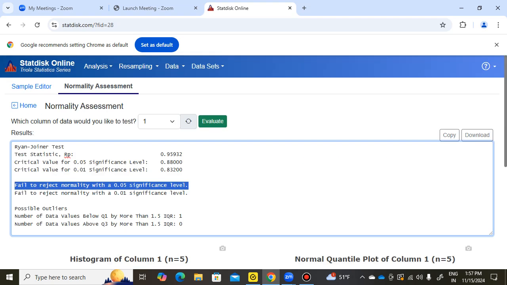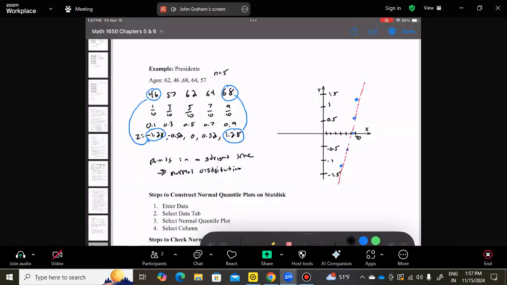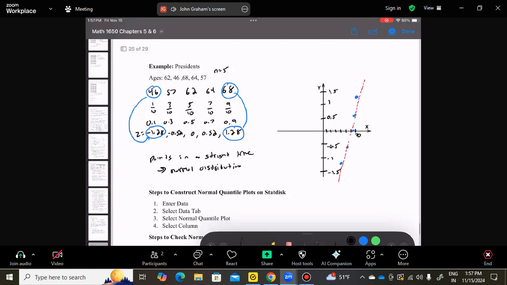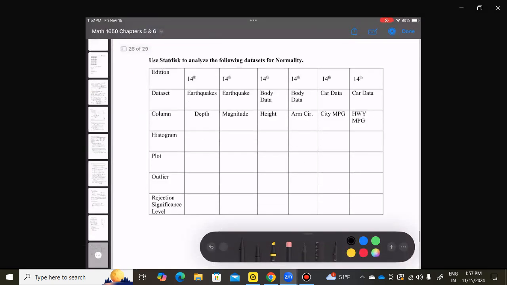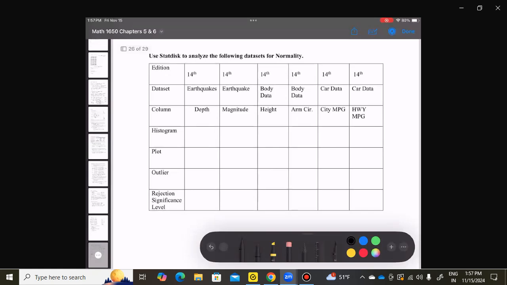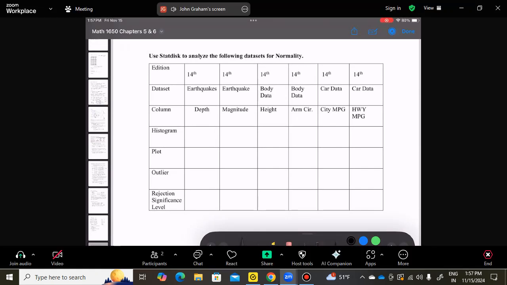But let's go back to some more. We're going to look at different data sets now. So we're going to start with the 14th edition, earthquakes and depth.